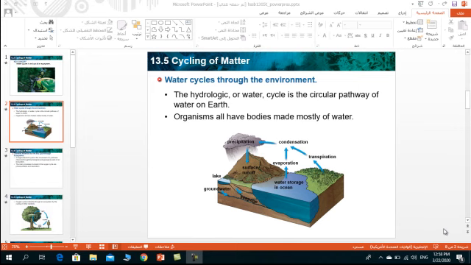So here we are going to deal with many cycles, which are very important in the establishment of equilibrium in the ecosystem. Hydrologic, or the most common name for it, the water cycle, is the circular pathway of water from the atmosphere to the surface below the ground and back. Also remember that organisms play a role in such a cycle because most of their bodies contain water.